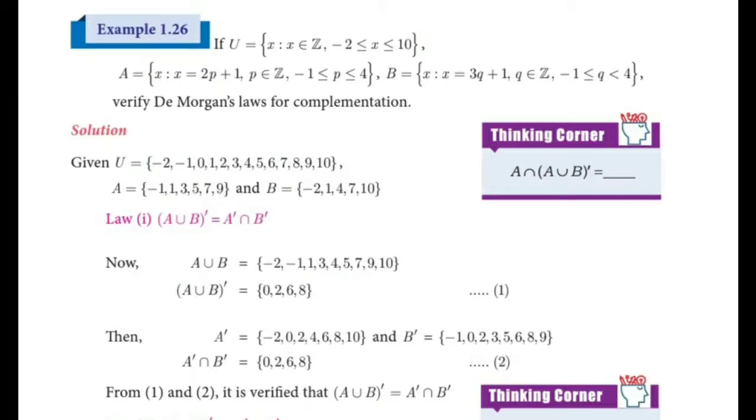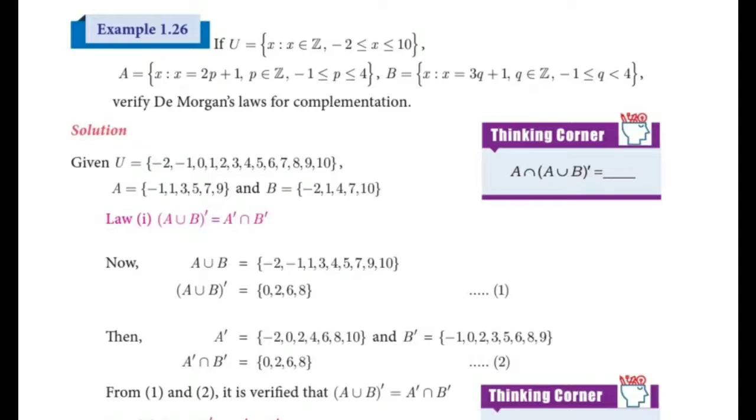Verify De Morgan's laws for complementation. We know De Morgan's laws for complementation. First one, (A ∪ B)' = A' ∩ B', and (A ∩ B)' = A' ∪ B'.